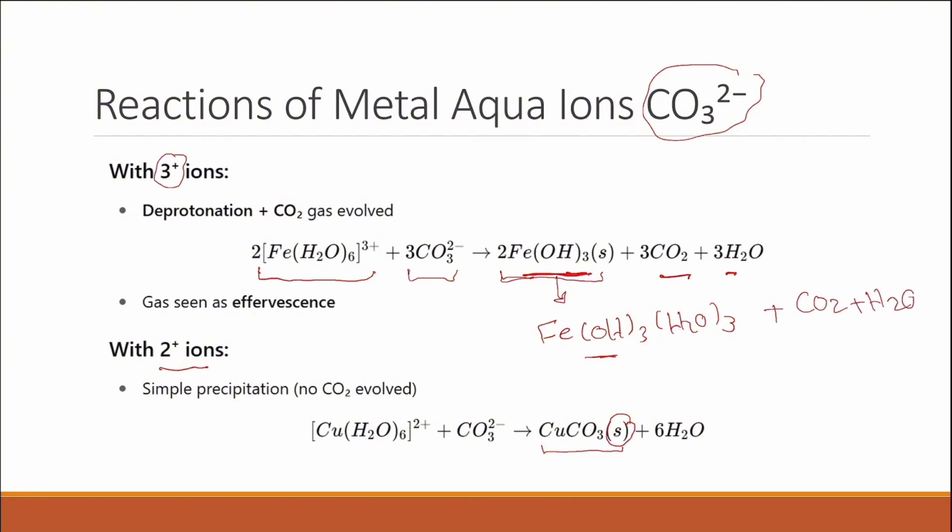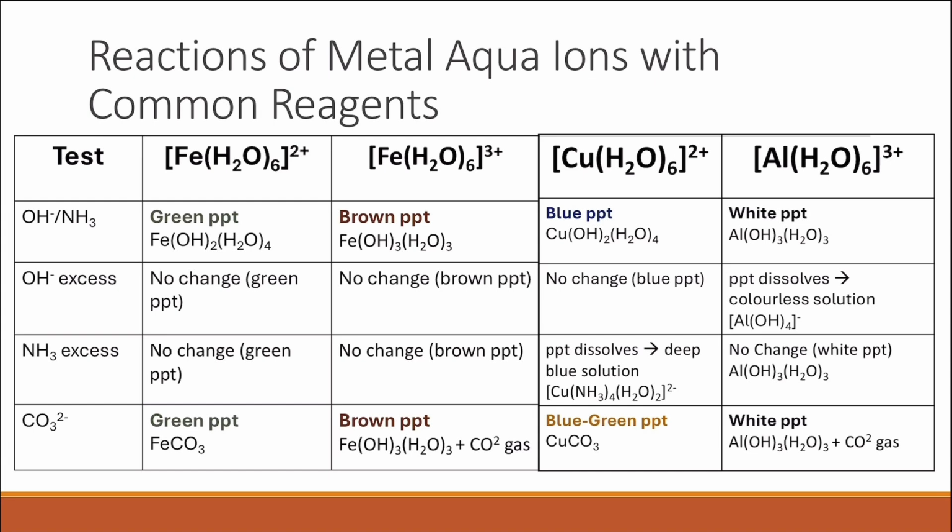In the case of iron 2 plus, it will give you the iron carbonate. Both of these will be colored precipitates. So let's see a summary of all of these reactions and tests and what the expected observations are.